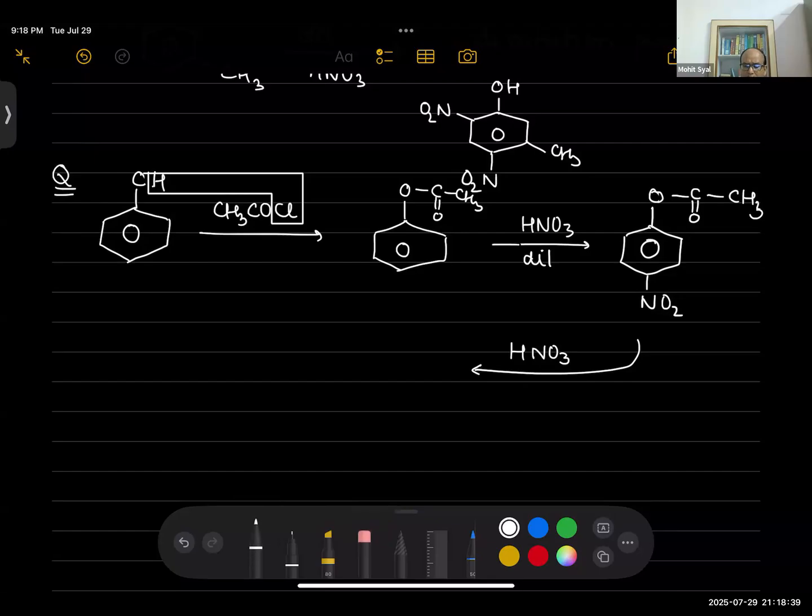Any doubts in this? So first, I'm going to choose the para with the bigger group, and now I'm going to choose the ortho. Okay. So I hope this is clear to all of you.